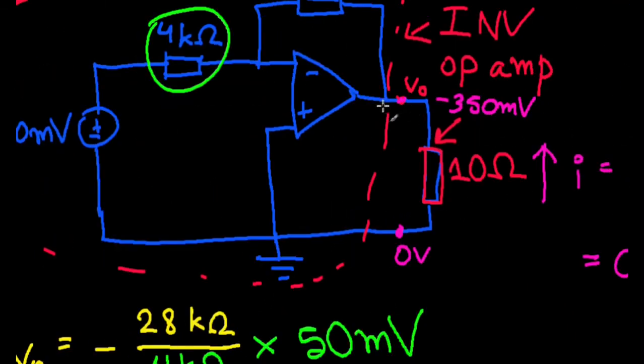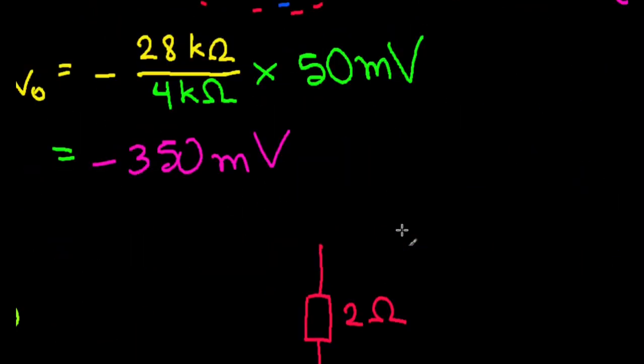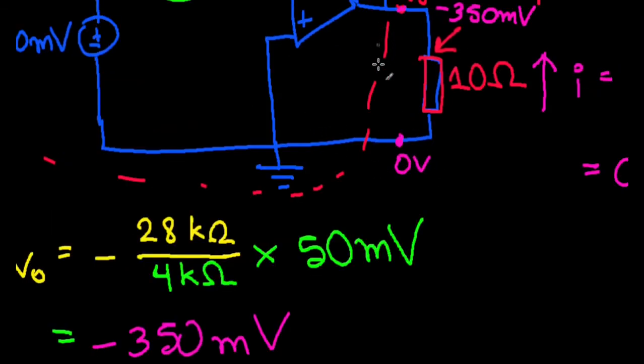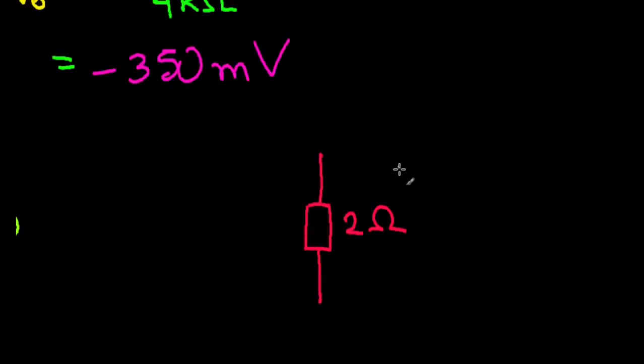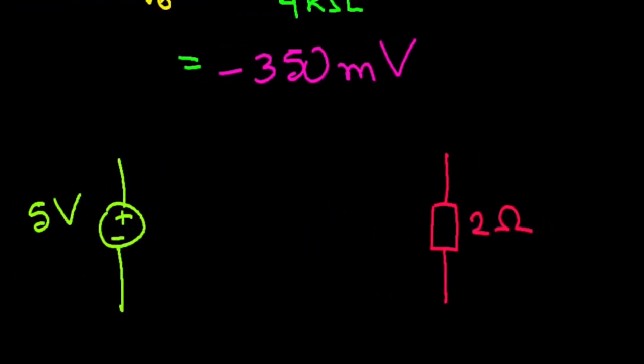Actually no, because this is not part of the op amp circuit per se. The op amp works by itself. This is just some resistance that is taking the output voltage. It doesn't affect the op amp's operation. It's independent, just takes the output voltage here, and that doesn't hamper anything. So let's not extend that.